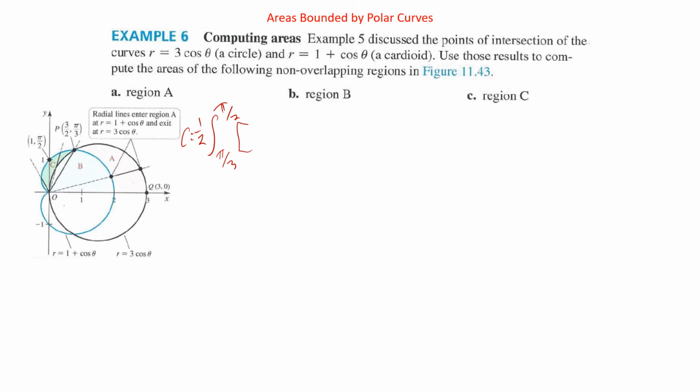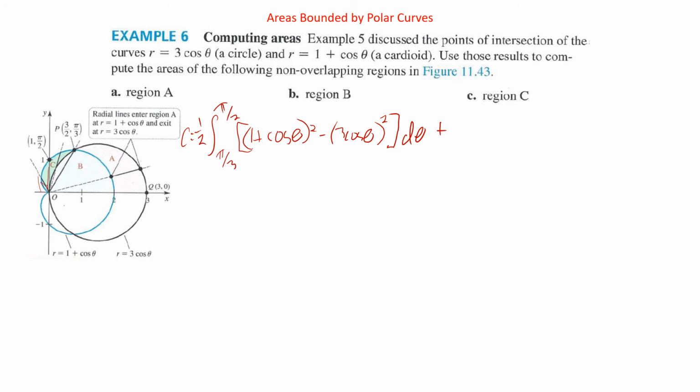So the cardioid is (1 plus cosine theta) squared minus the circle, (3 cosine theta) squared d theta, plus, when we add this part in, looking at it actually, we don't even need the circle.